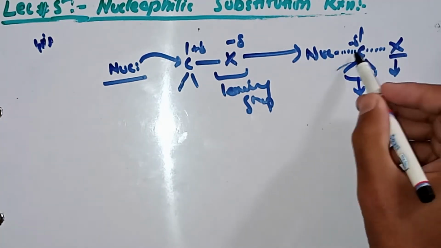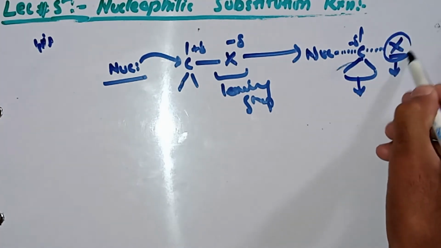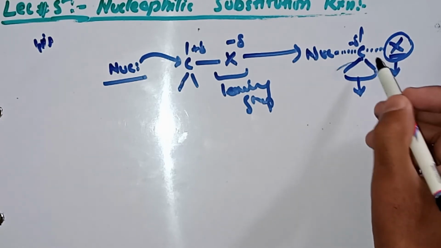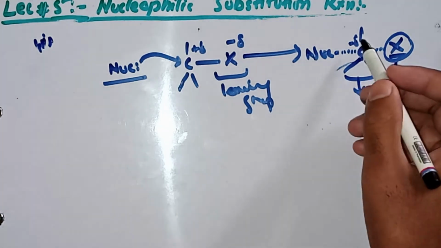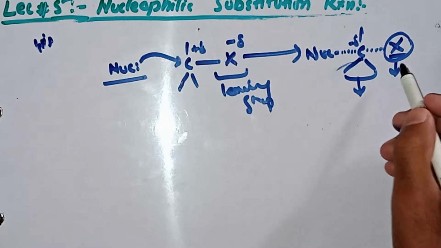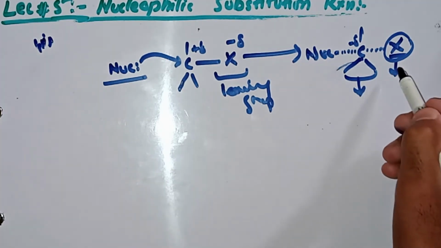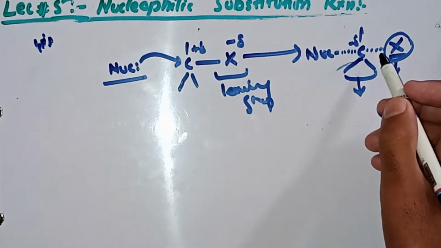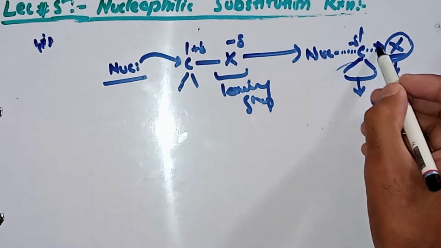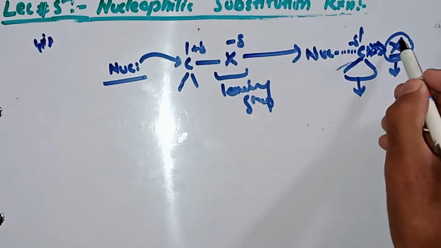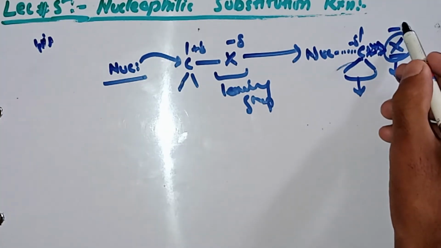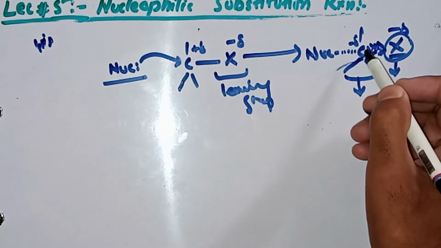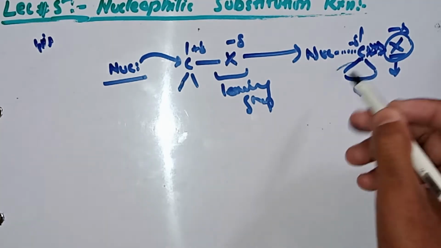If this leaving group is not electronegative enough to polarize and decrease the negativity on this carbon, it will be called a poor leaving group. If this group is a strong electron withdrawing group, it withdraws the electrons and itself becomes more electronegative, while the negativity on the carbon decreases.